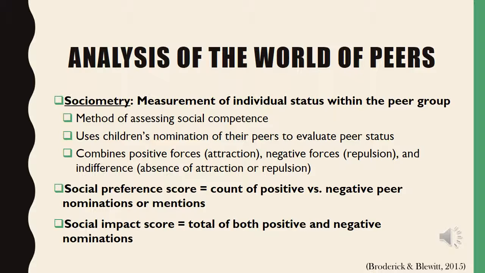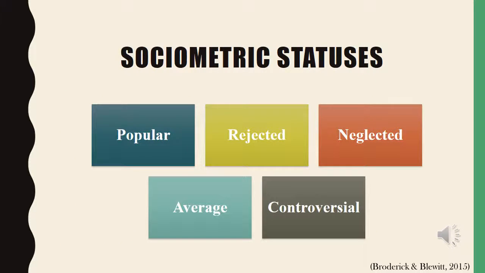And this has some really interesting implications for how children are perceived by others and how they interact with others. So let's take a look at what the 5 most common sociometric statuses are. So we have popular, average, rejected, controversial, and neglected.